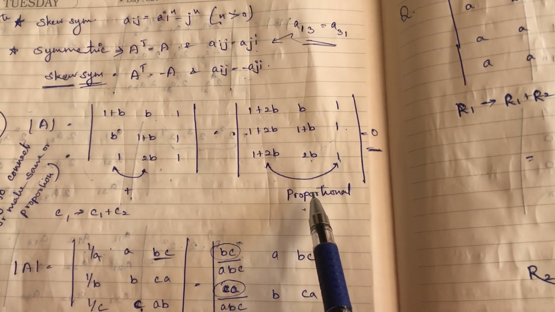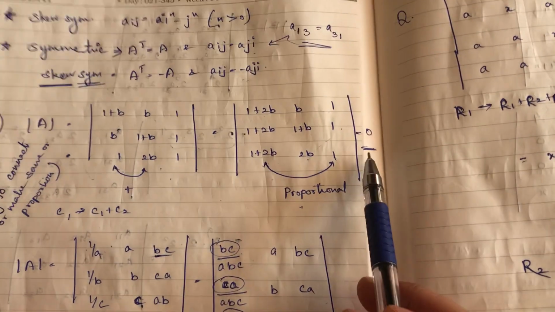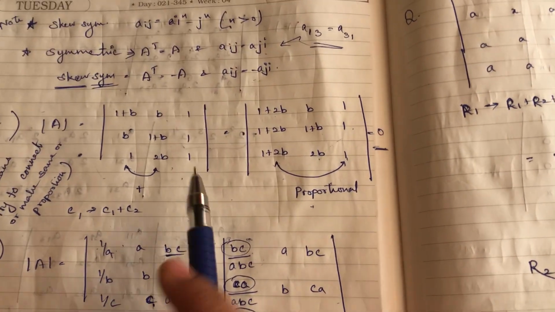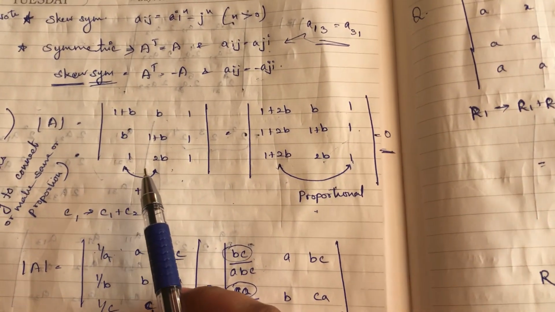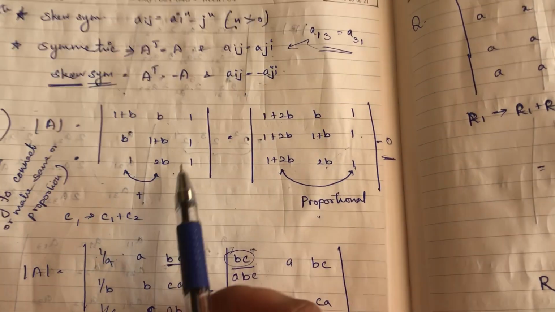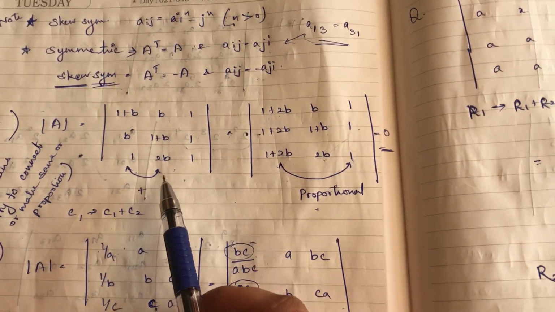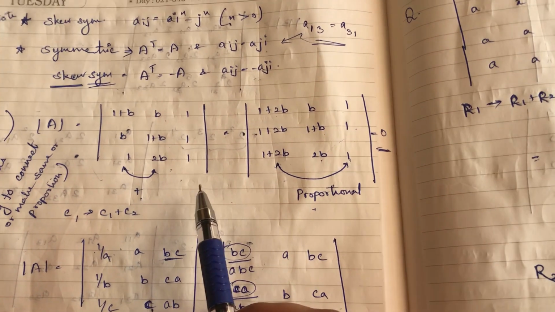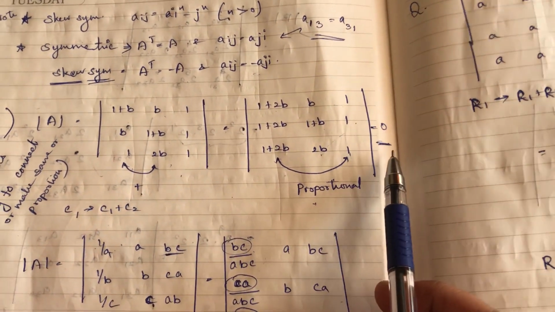If this is proportional, the determinant of A will be 0. So if we see a matrix with only variables and the number one, just make it proportional or the same, and then we will get the determinant value as 0.